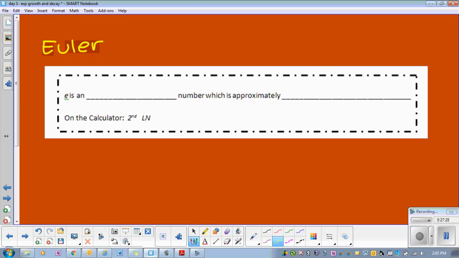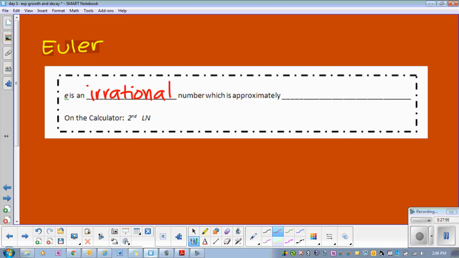Anyway, E is an irrational number, and E actually occurs in real life a lot. Which is approximately, here's the good news.